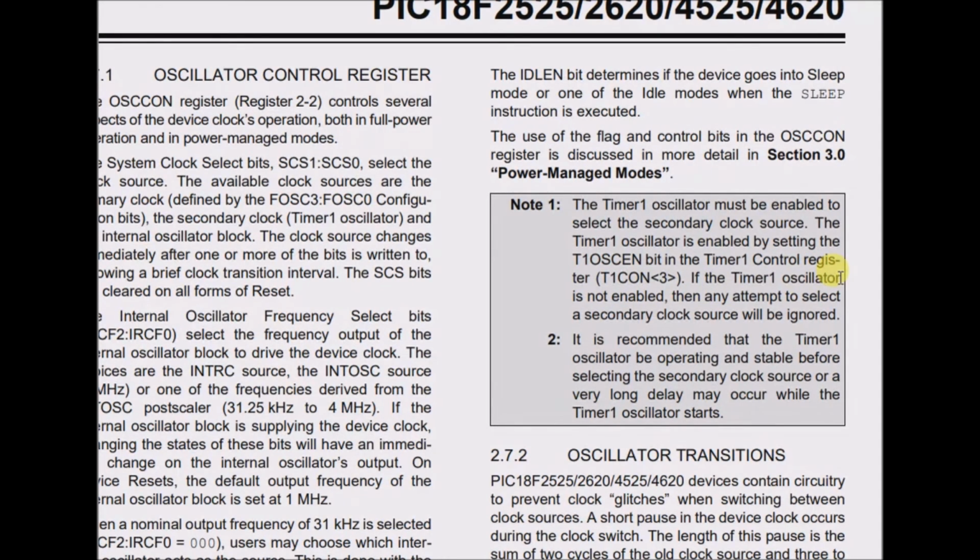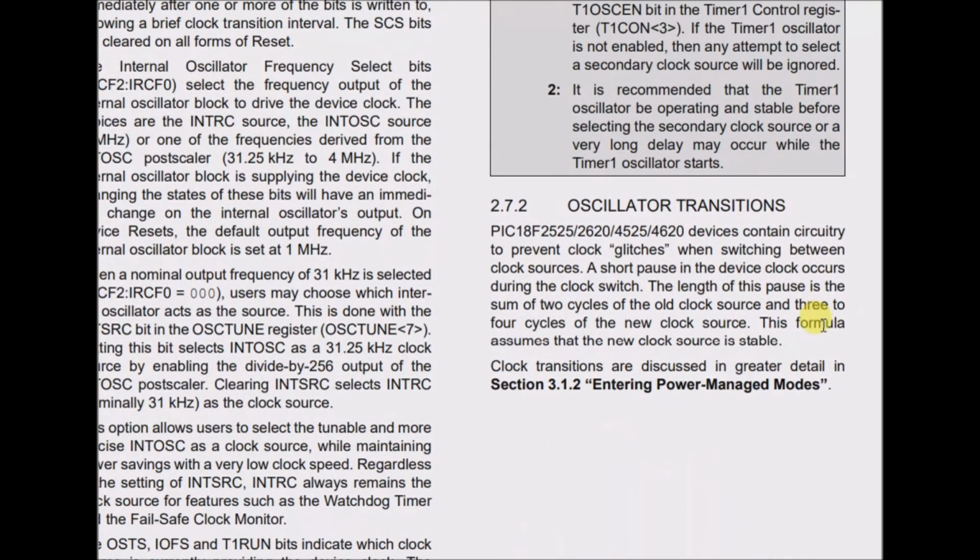If the timer 1 oscillator is not enabled, then any attempt to select a secondary clock source will be ignored. It is recommended that the timer 1 oscillator be operating and stable before selecting the secondary clock source, or a very long delay may occur while the timer 1 oscillator starts.